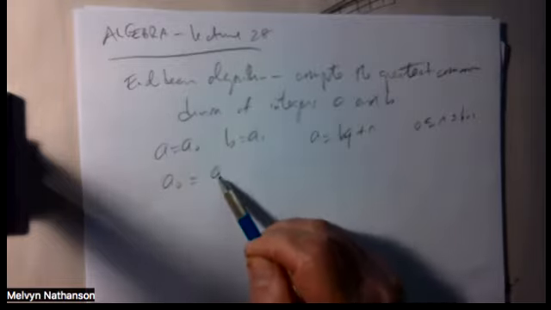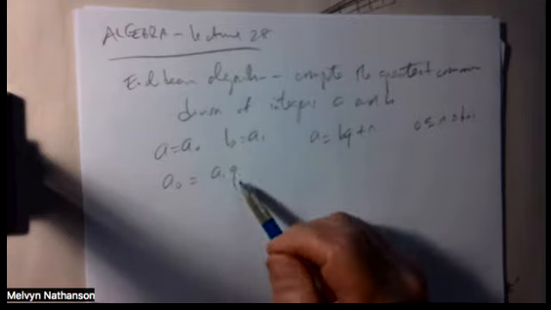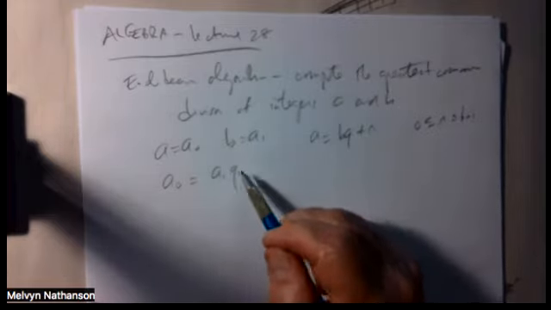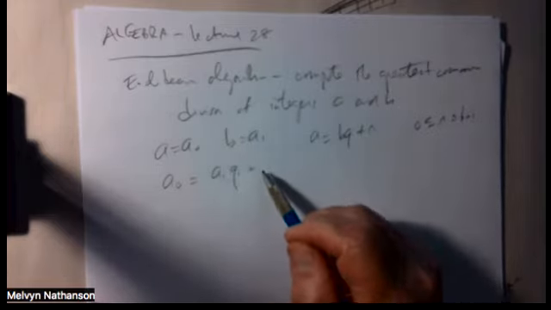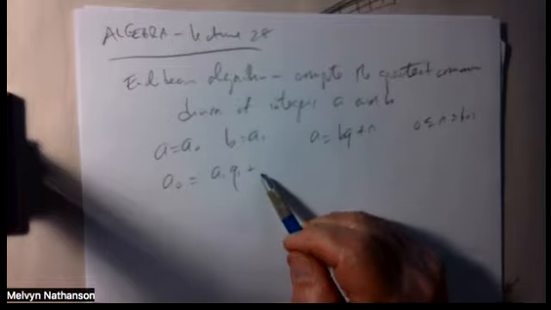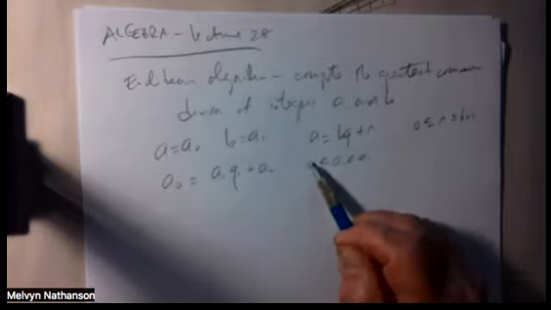Or if I want to use this notation, a0 is a1 times some quotient, I'll call it q1, plus the remainder, which I'll call a2. So a2 is less than a1 and greater than or equal to 0.